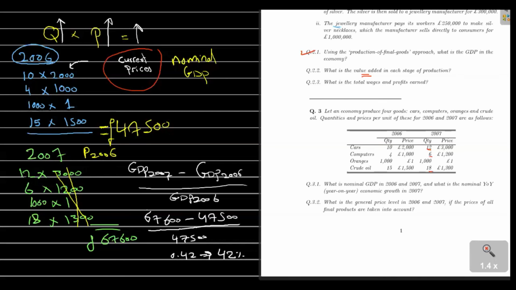So I'm going to use the quantities times the prices of 2006. Instead of this, I'm going to multiply 12 by 2006 by 1000, 1000 by 1, it's exactly the same as last year, and then 1500 for oil. Okay, so that should give me the real GDP.